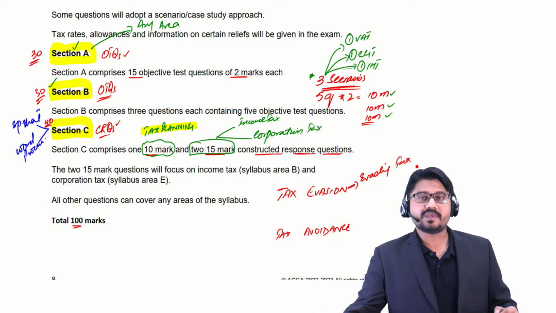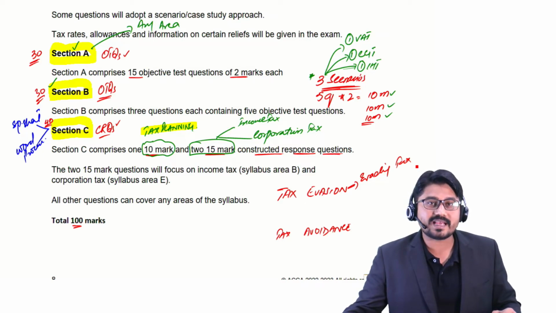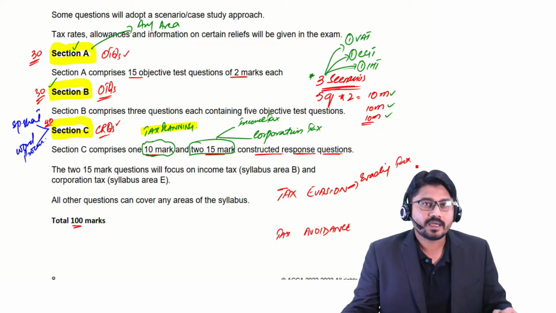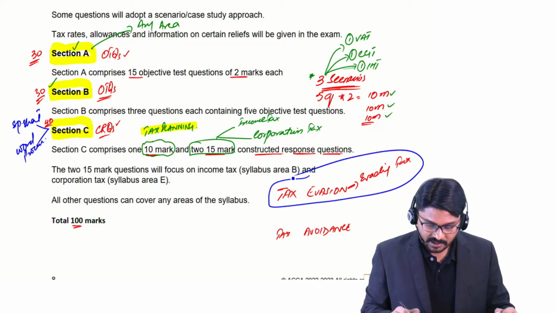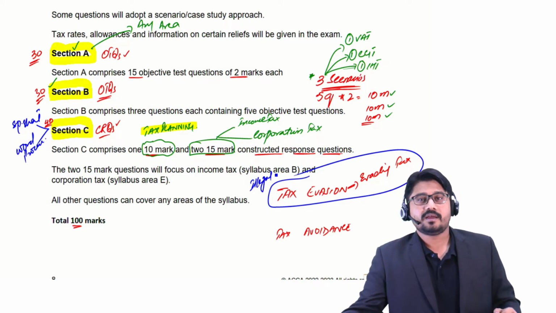You are trying to minimize the tax liability by using illegal means, illegal ways. So tax evasion is an illegal activity, and by doing such things, fines and penalties could be imposed.